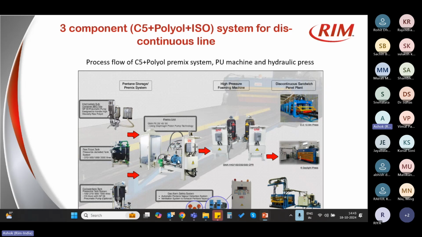It is not necessarily only cyclopentane; there are different blowing agents as well. These blowing agents get mixed in the premixing system and then transferred to the PU machine's polyol tank. ISO is directly loaded into the ISO tank and onto the PU machine, and from there the chemical goes to the mixing head, and then there is the pouring. So this is a 3-component machine for discontinuous line.